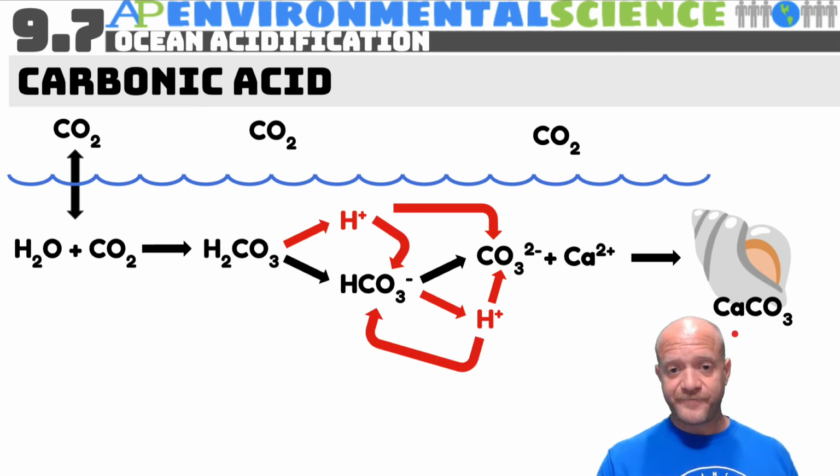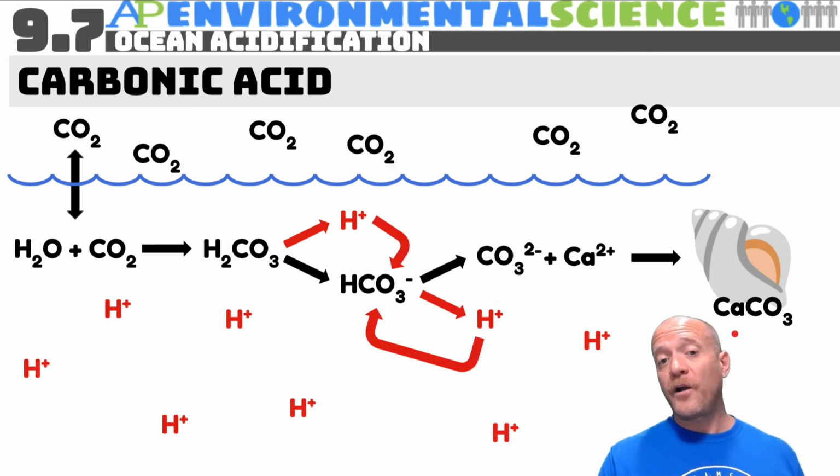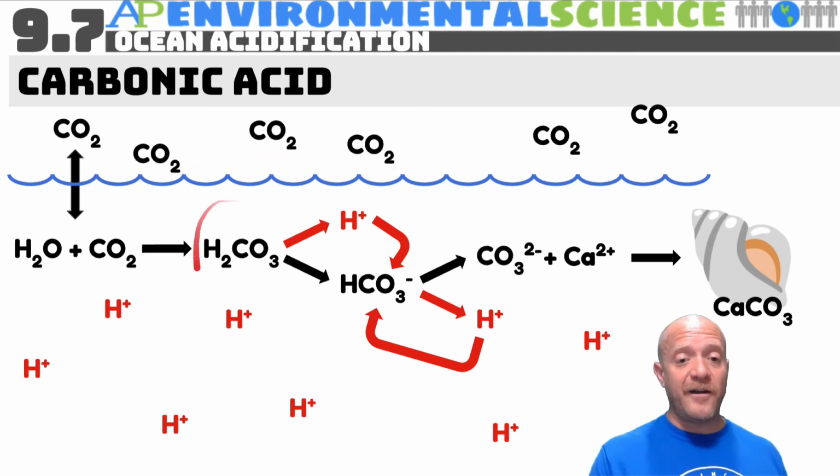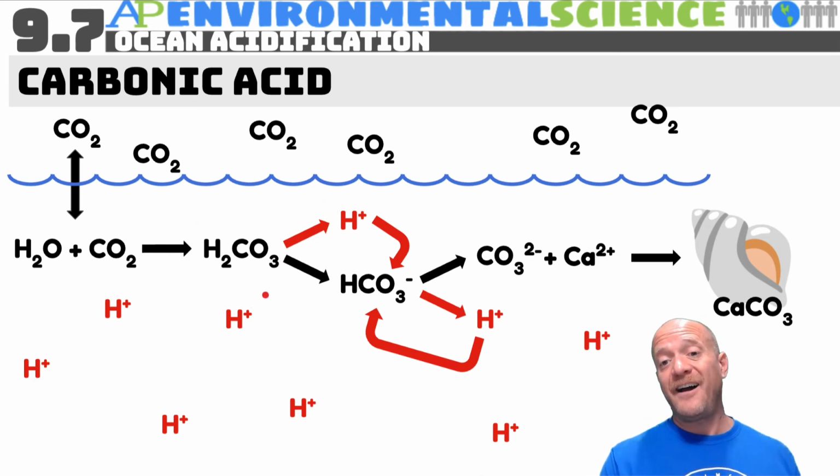However, once you add more carbon dioxide to the atmosphere, there is a lot more carbon dioxide that is mixing with the water and dissolving in the water, and then eventually forming carbonic acid and releasing all of these excess hydrogen ions.